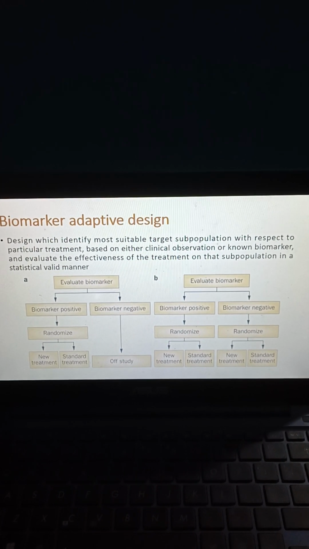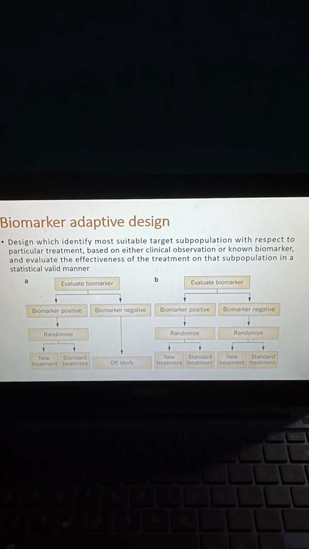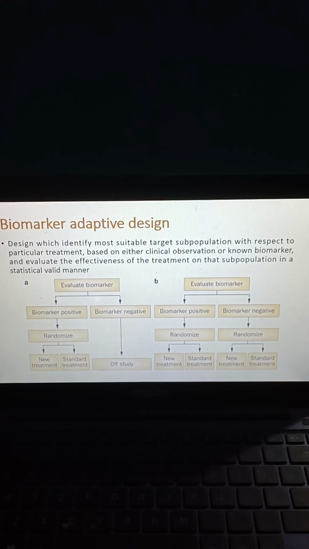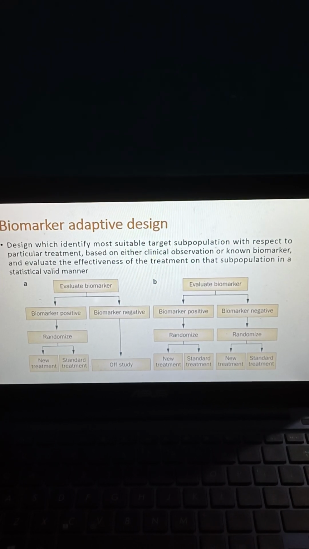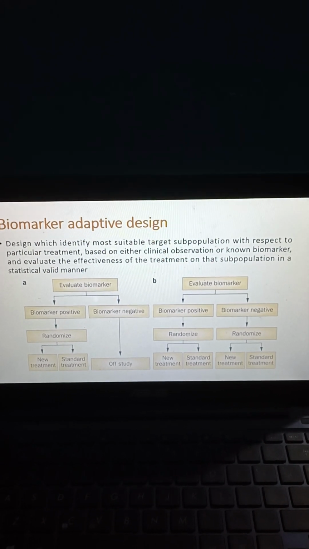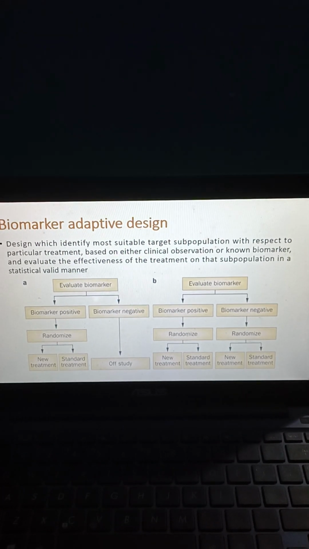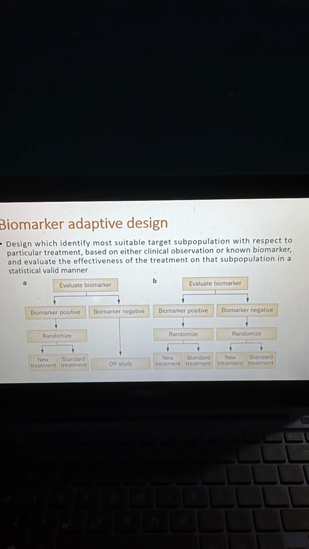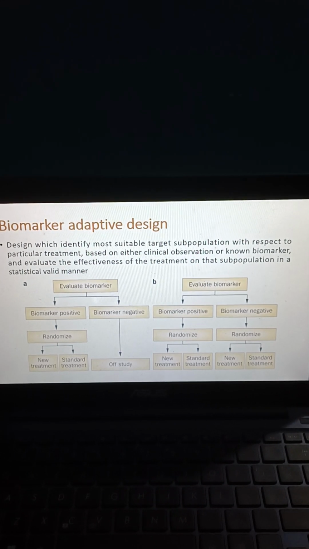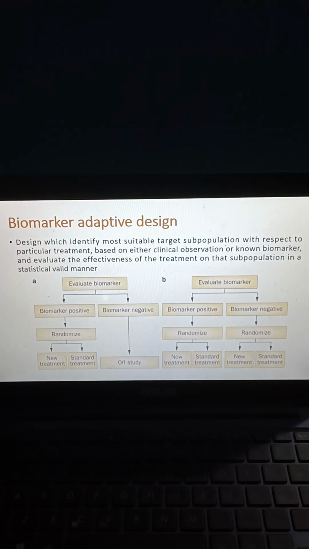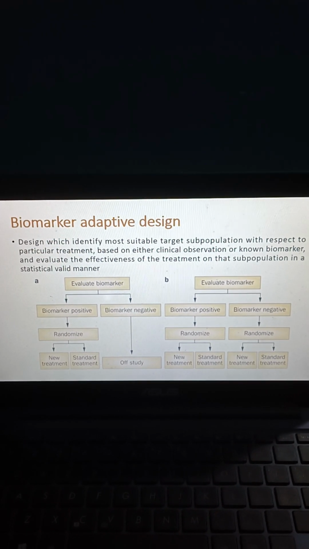Evaluate biomarker: biomarker positive, randomize, new treatment, standard treatment; biomarker negative, randomize, new treatment, standard treatment. These are the designs of biomarker adaptive design.